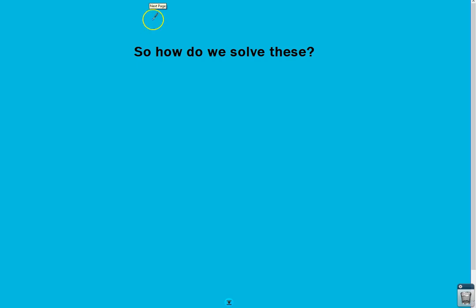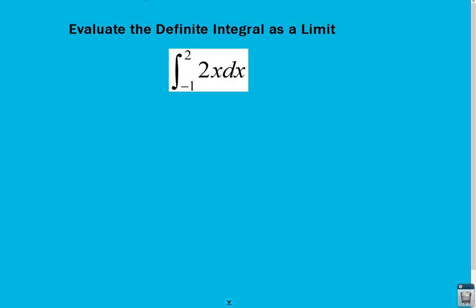Okay, so let's say I want to evaluate the definite integral as a limit. What on earth does this mean? Graphically, this is what is happening here. I am taking the integral of my function. My function is 2x. This is a linear function with the slope of 2. Let me write this in a different color.